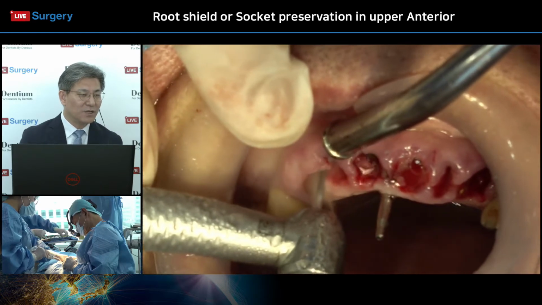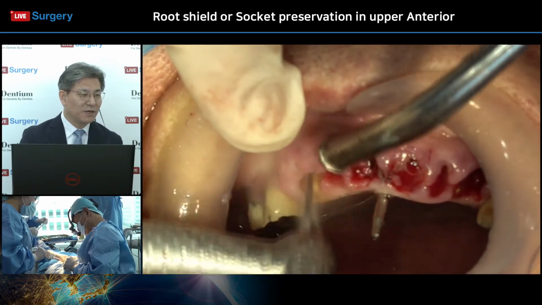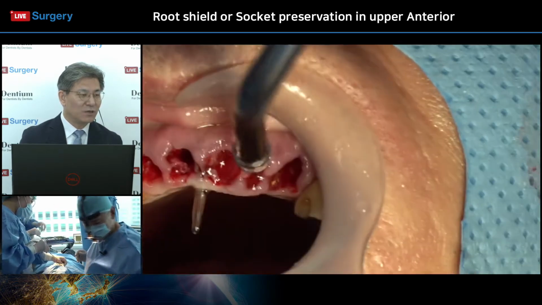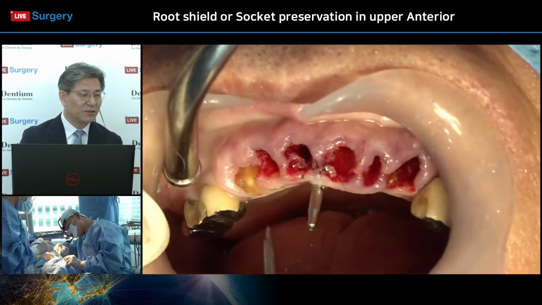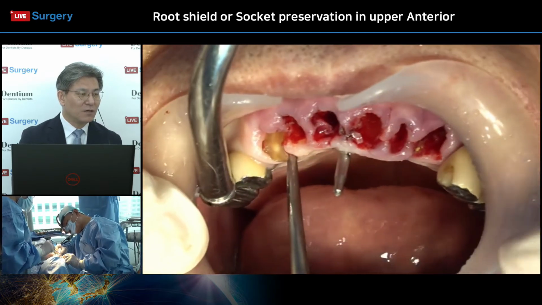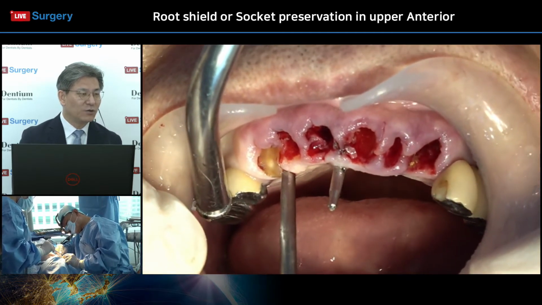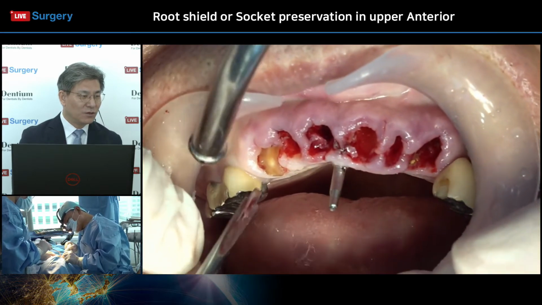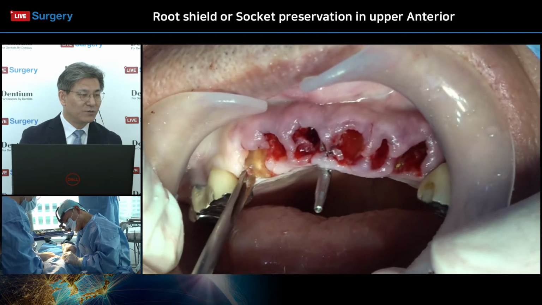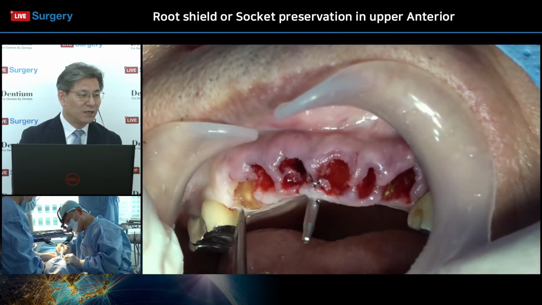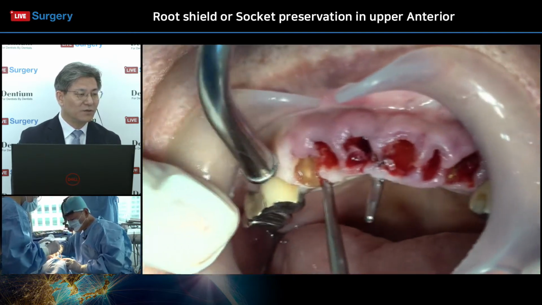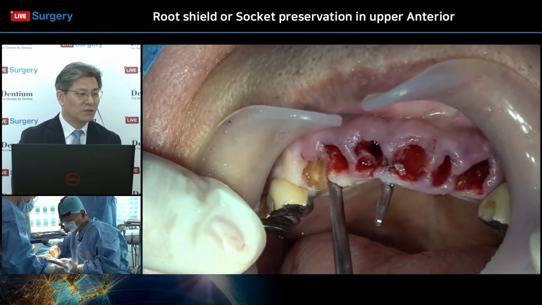This high-speed Fisher bar is very cautious about damaging the socket wall or other tissue areas. So it is only constricted to the remnant of the root area with the Fisher bar, removing the remnant of the parallel portion of the root.